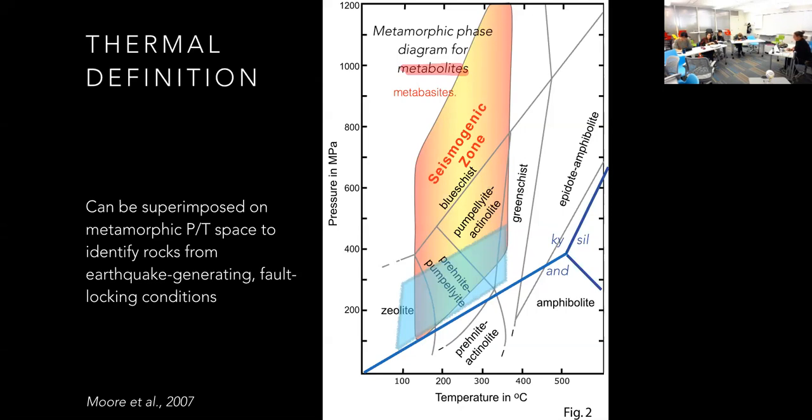So here are your phases in a metabasite. And what we did, this is again my advisor's paper in 2007, Casey Moore, we took the temperature limits and we estimated the depth of those temperatures for a range of subduction zones, calculated the pressure in MPa just using an assumption about crustal density, probably 3,000 kilograms per cubic meter, and drew a blob over the metamorphic phase diagram that includes all the rocks that should be metamorphically stable in the zone where the earthquakes are coming from.